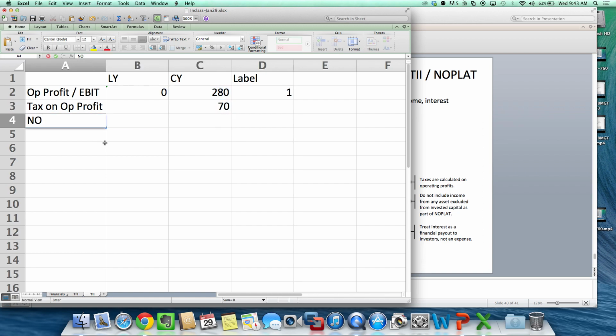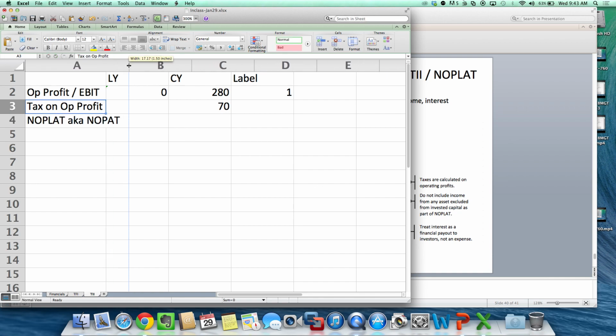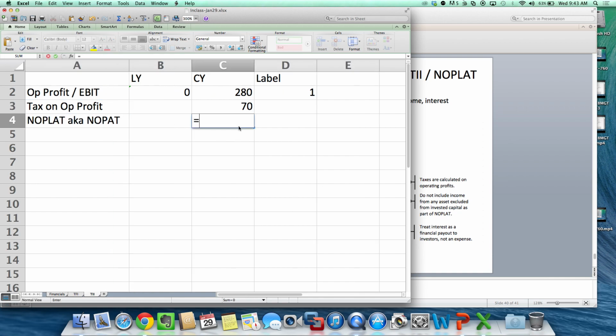So my NOPLAT, aka NOPAT, is the 280 minus the 70. All right, so it's the profit I would have after the taxes on that profit.